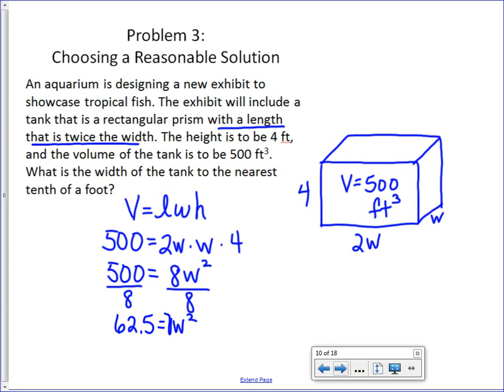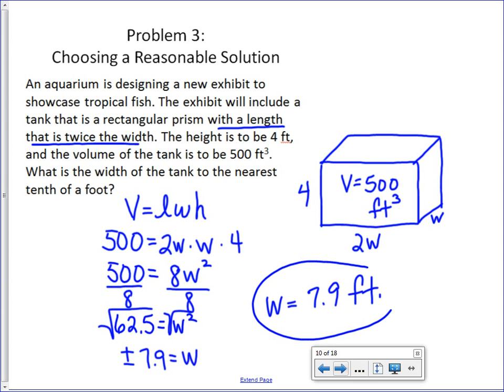Then we want to take the square root of each side, and we get plus or minus 7.9 for W. Now, this is an example where we want to look at our solution and realize that when it comes to width, we can't have a negative number for width. So our actual width, we will just want the positive 7.9. And since we're dealing with feet, the width would be in feet.